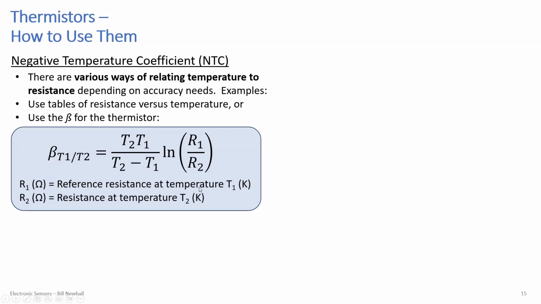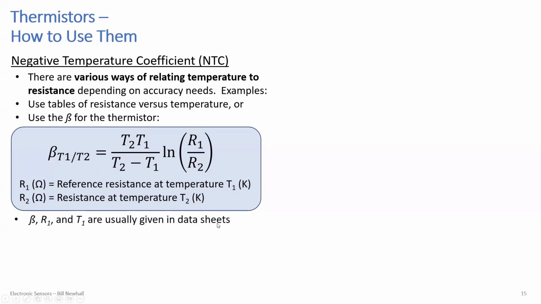This is a reference resistance at some temperature, T1. That's like maybe 25 C or a value in Kelvin. Okay, so that's T1. And then you have resistance R2. That's the resistance at the temperature of the thermistor. So you can relate T1 to T2 based on R1 and R2.